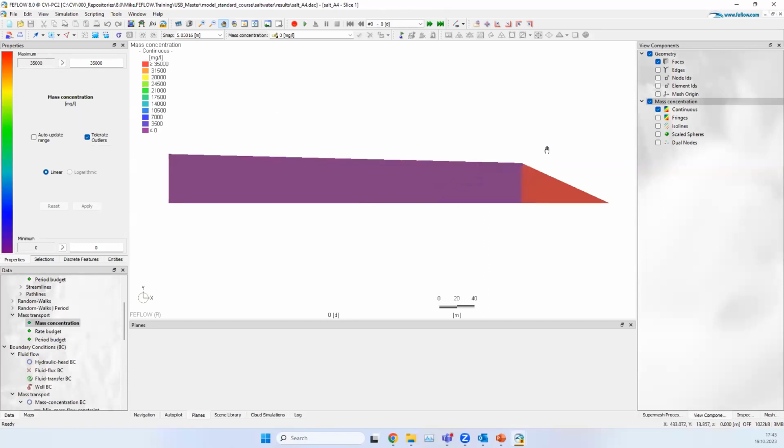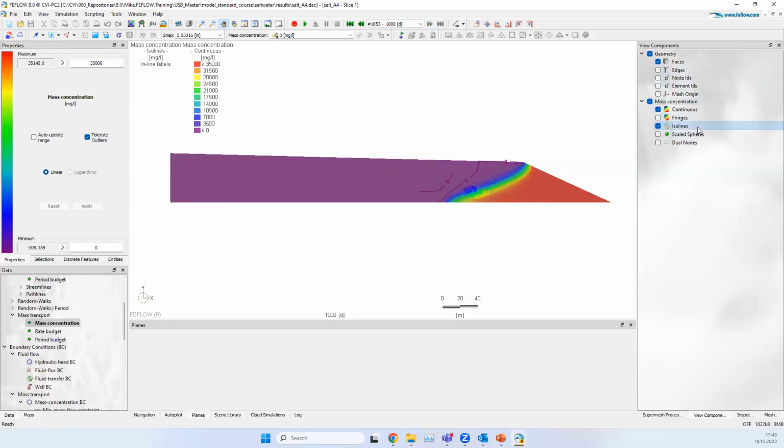The simulation starts like this at time 0, where we assume there is already a high concentration in this triangle, and there is no pumping or other anthropogenic activity that could modify the interface between fresh water and salt water. If we then move to the final simulation time, this will basically be the equilibrium.